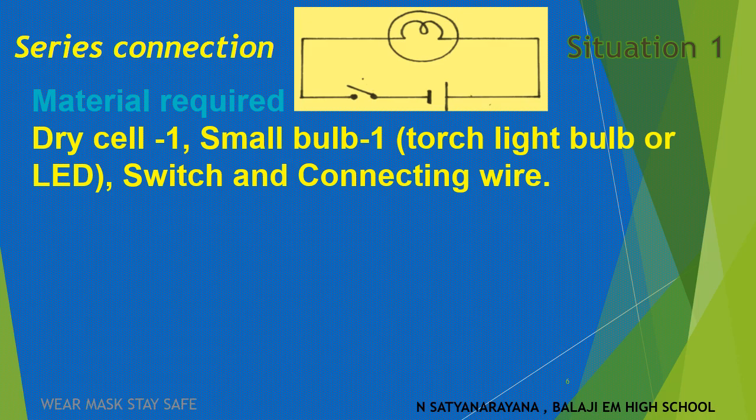What is LED? Light emitting diode. Let us take one bulb and a switch, connected with a connecting wire. So all these are connected. How many devices are there? A dry cell, a bulb, a switch and a connecting wire.